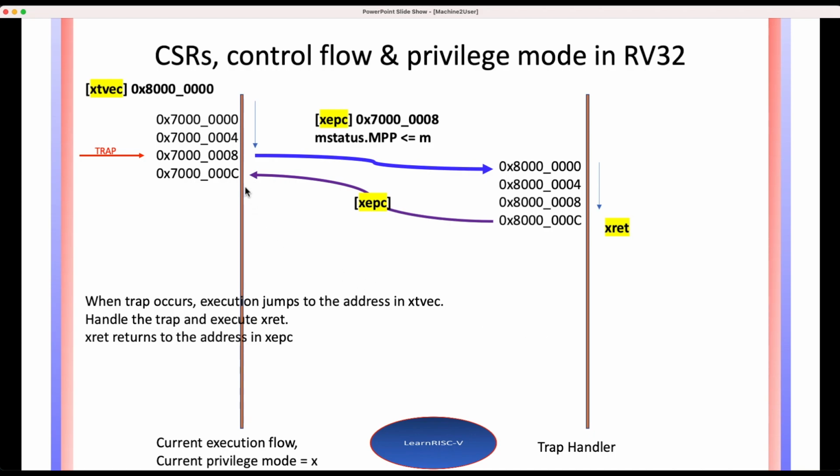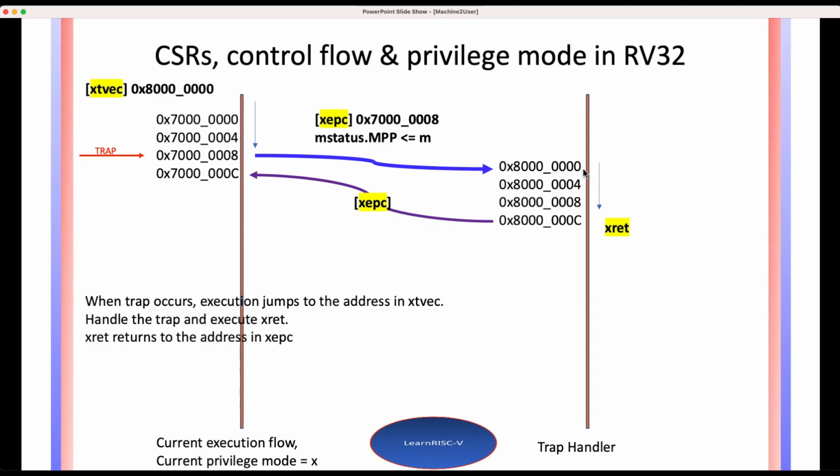A lot of things have been packed into this one slide. So let's pretend that this is the current execution flow. The program is being executed from 7 followed by 7 zeros in the RAM memory, and at this address a trap has occurred, and then the execution would jump into the trap handler.